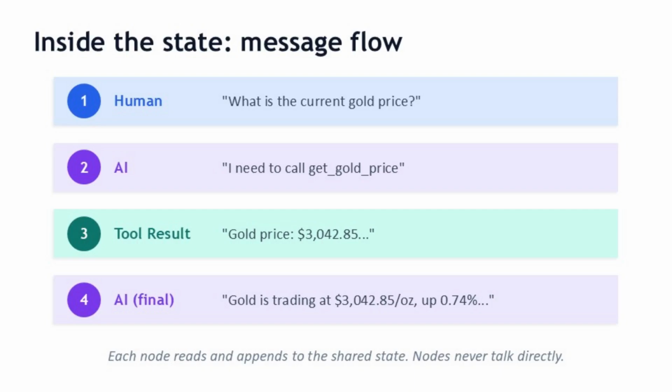Step 3. The ToolNode runs the function and adds the result as a tool message. Step 4. Claude sees all of this, the original question and the live data, and composes a natural language summary. The nodes don't talk to each other directly. They communicate through the shared state. That's the fundamental pattern.